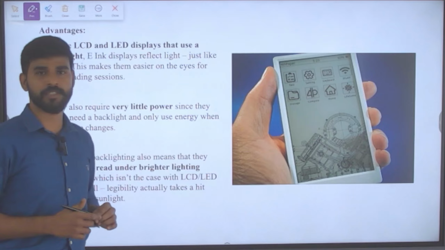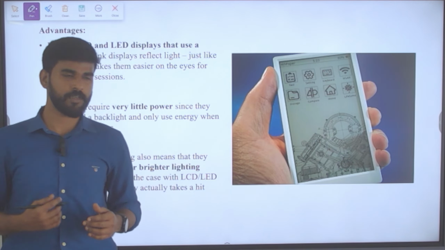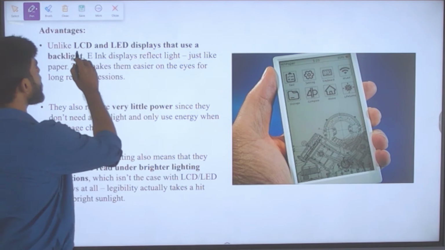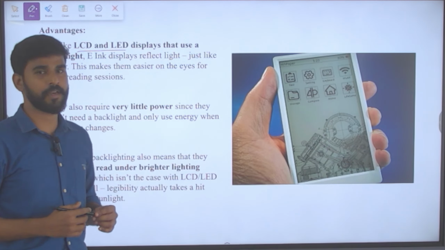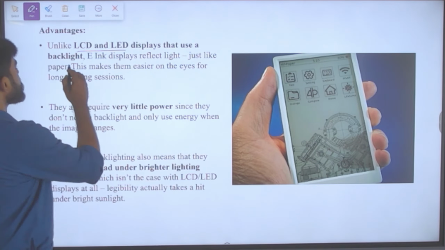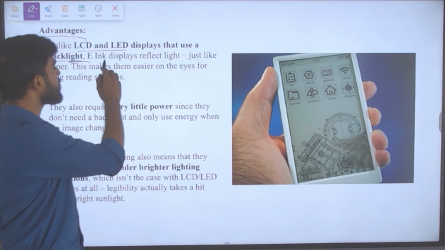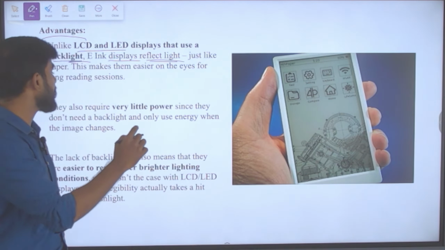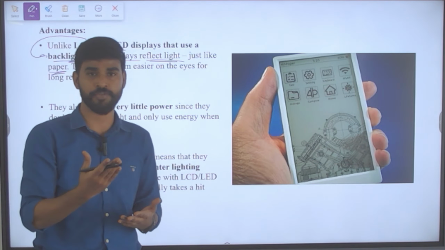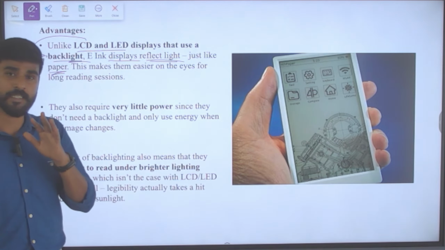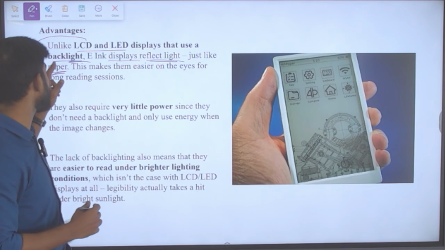What are the advantages of this e-ink display when compared to other displays? Unlike LCD, liquid crystal display, and LED, light emitting diode displays, which use backlight, e-ink displays reflect light just like the normal paper that we use does. In a similar way, this e-ink display reflects the light rather than using a backlight.